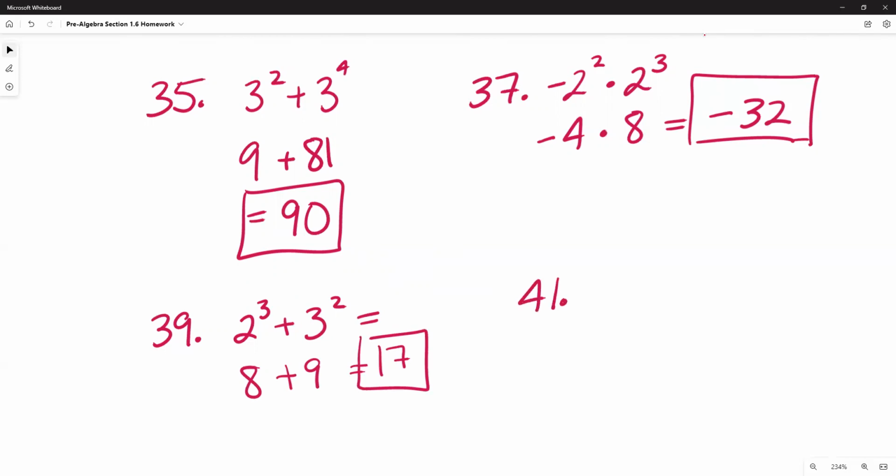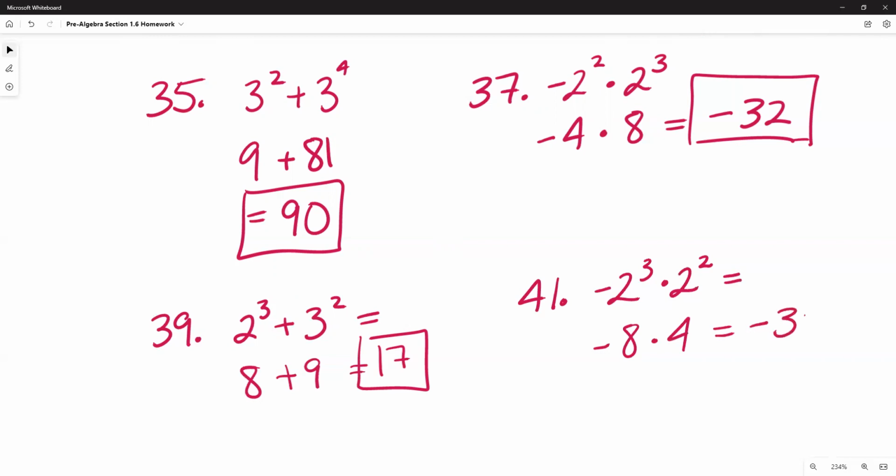Julian, 41. -2 cubed times 2 squared. -8. Why is that 4 negative? There we go. We just got excited with the negatives. And is our answer going to be negative or positive?